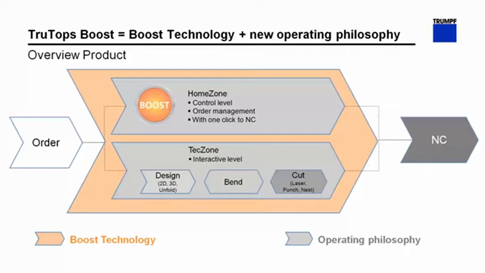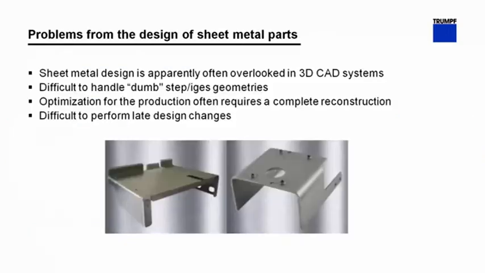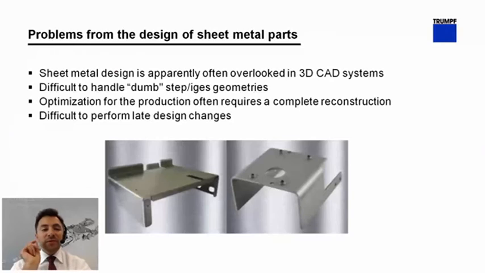At the beginning, it's always the order, and the end is the INC file, which you transfer to your machine. Let's have a first look at the problems in the design of sheet metal parts in general.